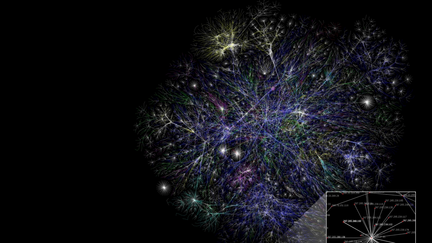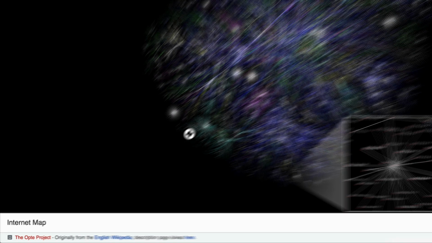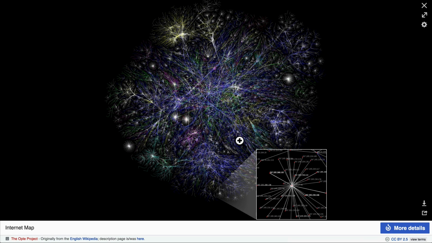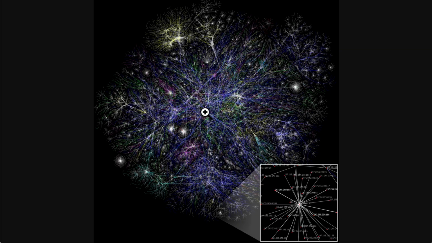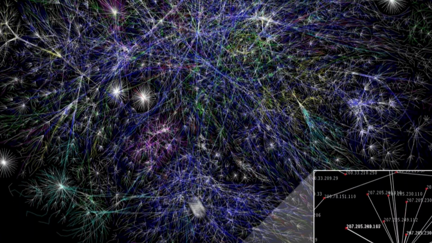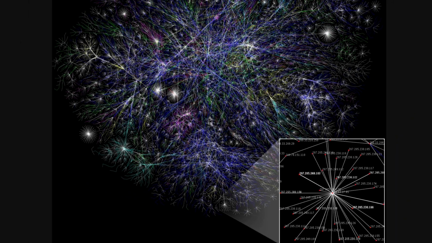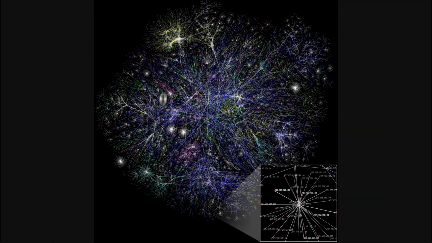And just to show you how insane this is, somebody from the Opte project over here, I got this off of Wikipedia, mapped out, I believe this was in 2015, just 30% of the network. And you can see over here that each one of these dots is an IP address. So a computer that is connected to another computer that is connected to another computer. And that's the internet. The internet is just all these connected computers that are just transferring files between each other.